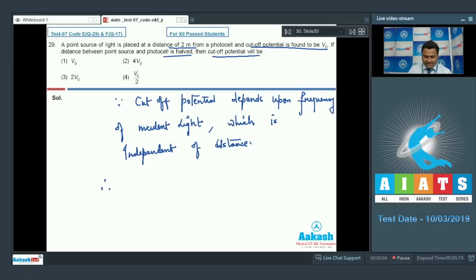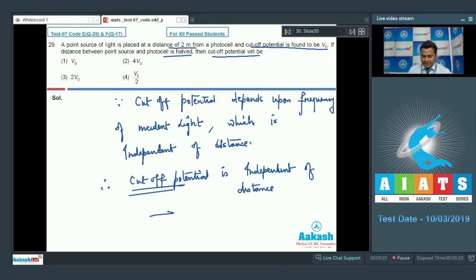That's why therefore we can say that cutoff potential is independent of distance. So therefore here cutoff potential will be same. So that's why we'll go with option number 1 only, which is absolutely correct. Now let us move on to the next question, that is question number 30.